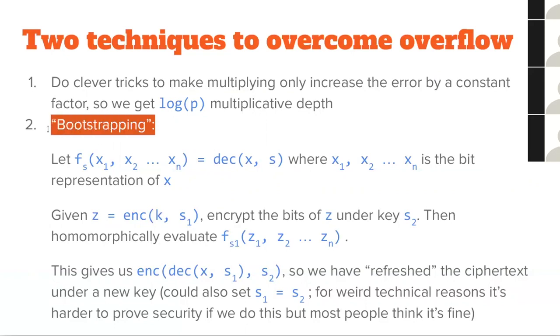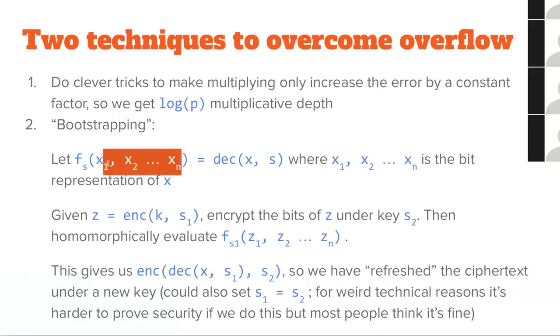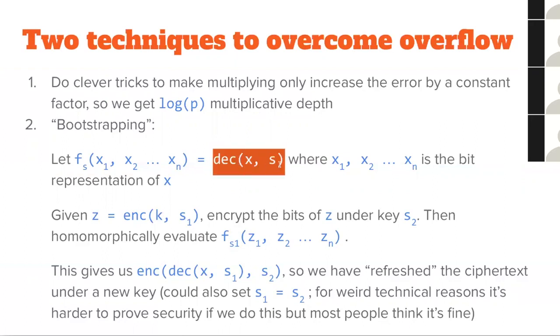Bootstrapping basically is a kind of key switching mechanism. Imagine you have some ciphertext that has some noise, and you want to convert it into a fresh ciphertext that has less noise. So we will take the circuit that represents decrypting X under some secret key, and we're going to evaluate it homomorphically.